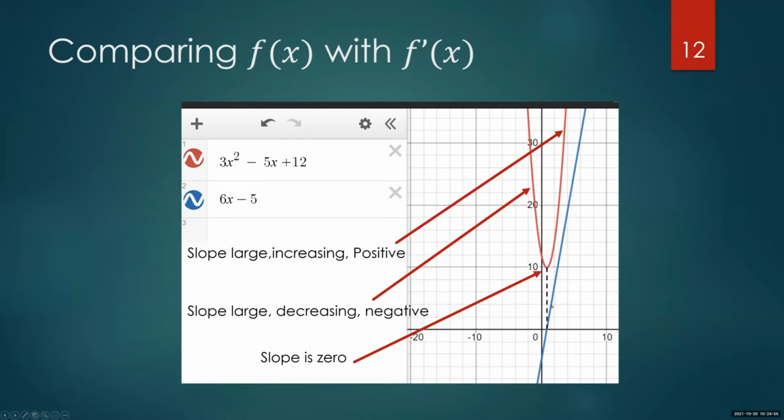And just looking at this visually, f dash of x seems to fit in pretty well with that. You can see on the right-hand side, f dash of x climbs steeply. The value of f dash of x increases rapidly, just as the slope on f of x increases rapidly. And you can see on the left-hand side, the value of f dash of x decreases rapidly, just as you move to the left, the slope of f of x gets rapidly more negative. So again, so far so good.